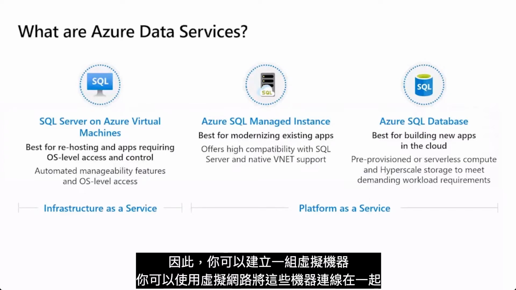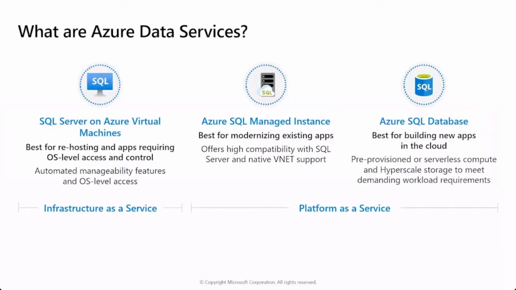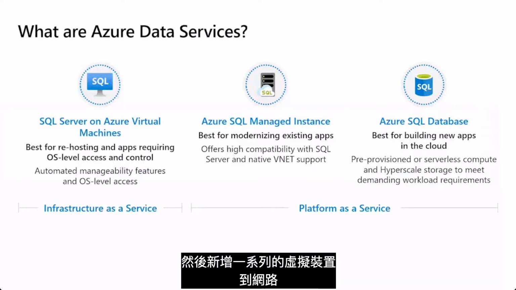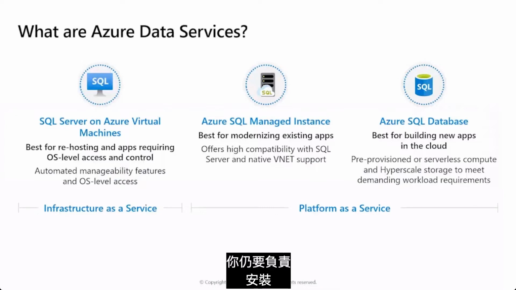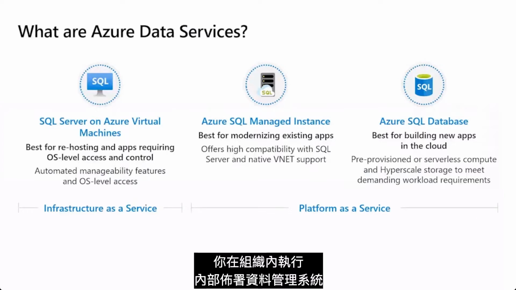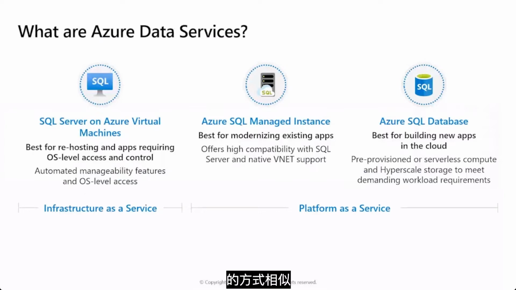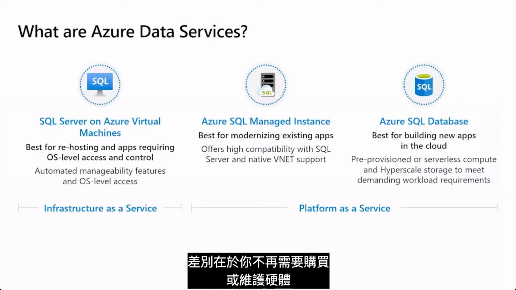So you can create a set of virtual machines, you can connect them together using a virtual network, and you can add a range of virtual devices to the network. So you still need to be responsible for installing and configuring the software, such as the database management systems on these virtual machines. So in a lot of ways, this approach is quite similar to the way that you would typically run your database management systems on premises within your organization, except you don't have to buy or maintain hardware anymore.